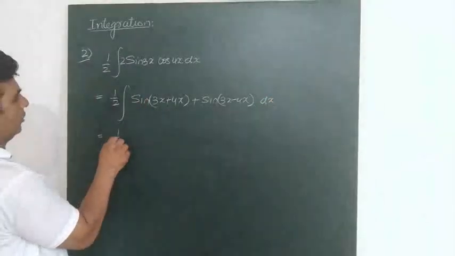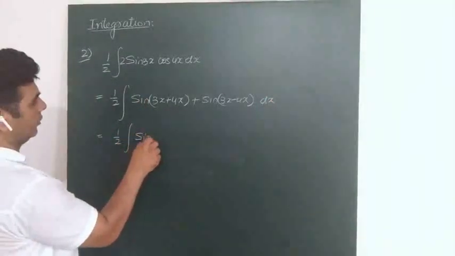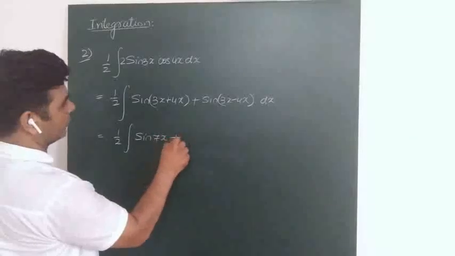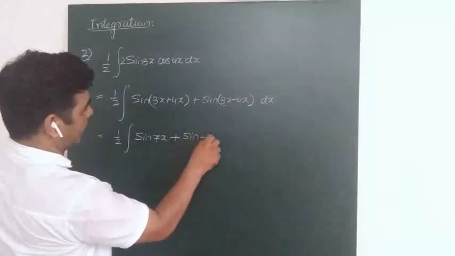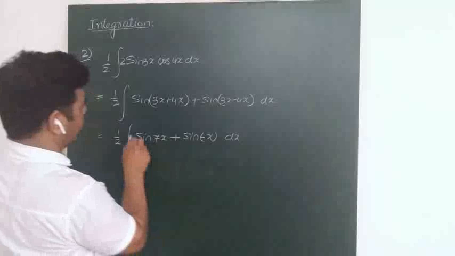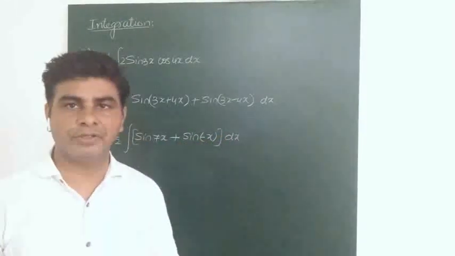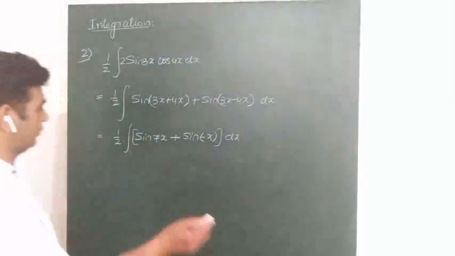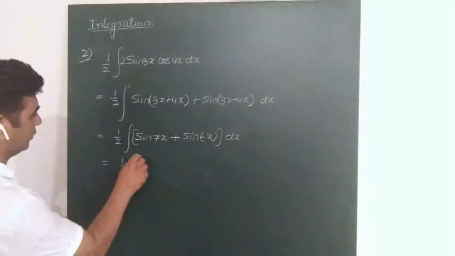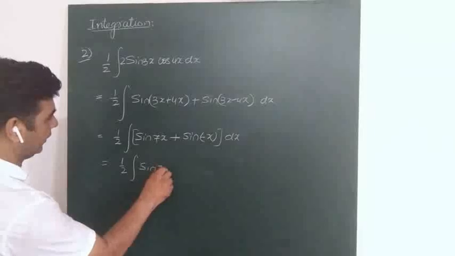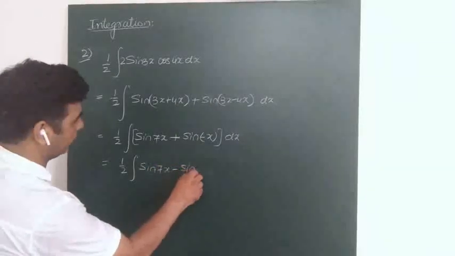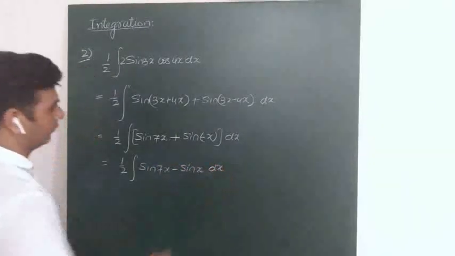This is equal to half of sine 7x plus sine of minus x. Now we know very well sine of minus theta is always equal to minus sine theta. So this can be written as sine 7x minus sine x into dx.